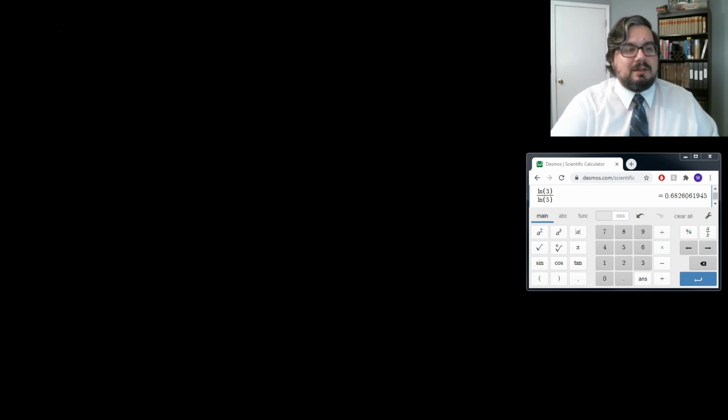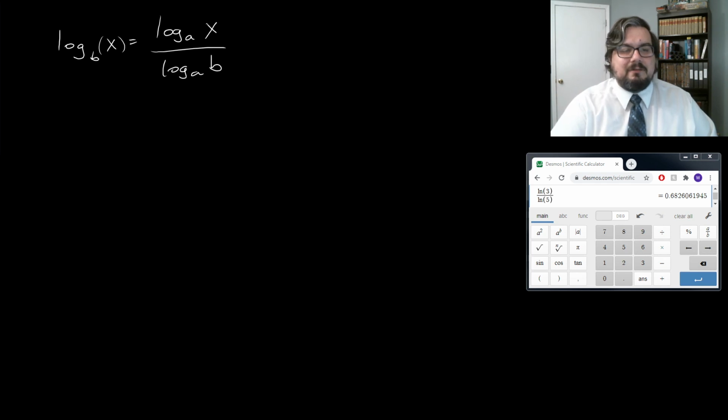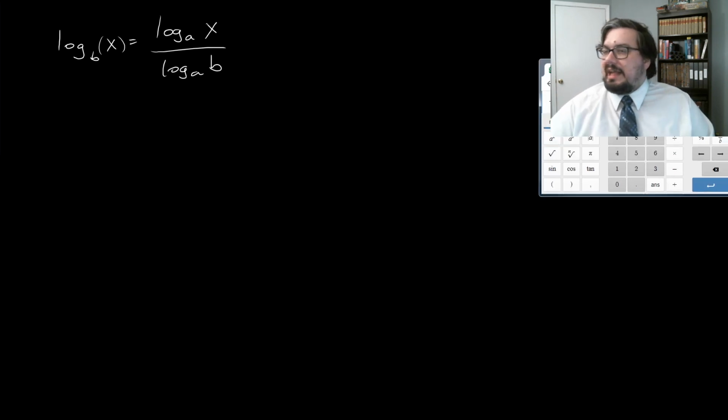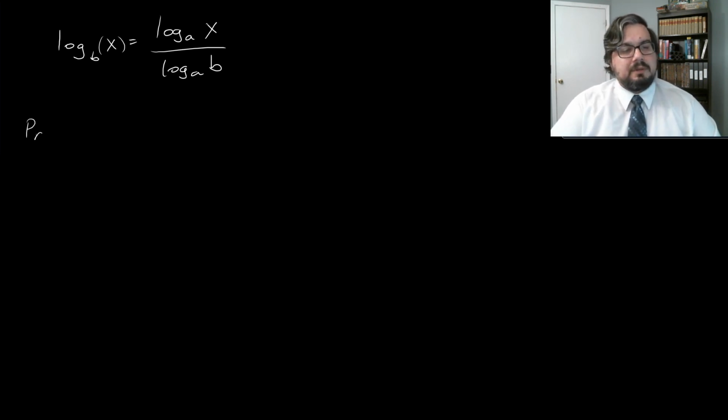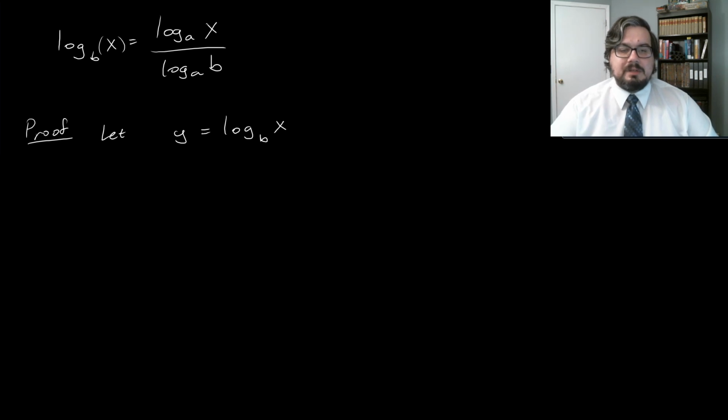All right, so now let's see if we can convince ourselves that log base b of x is going to be log base a of x over log base a of b, no matter what a, b, and x are. So let's let y equal logarithm base b of x.